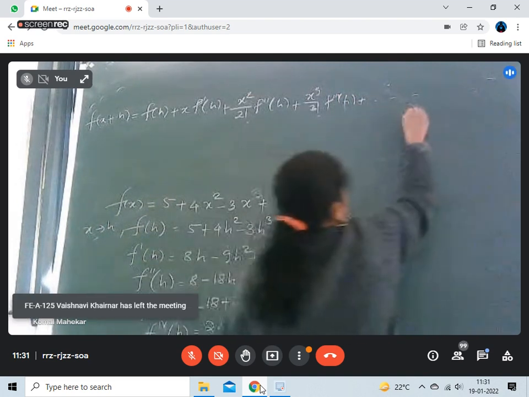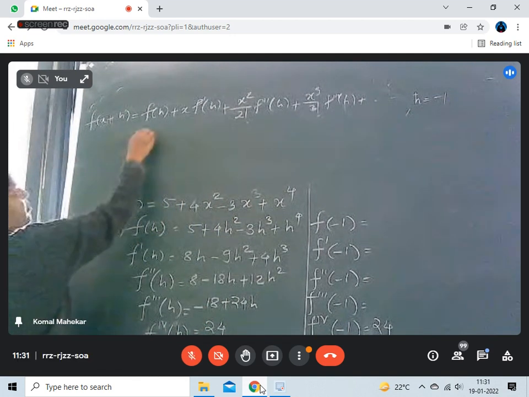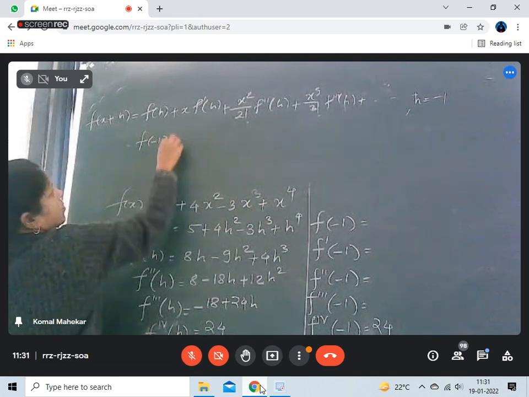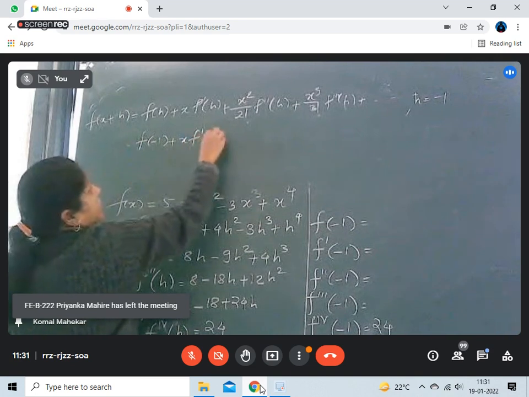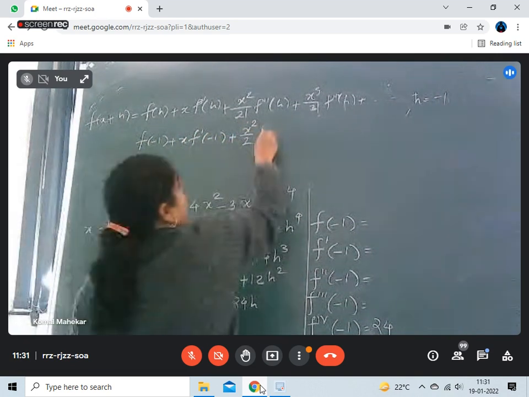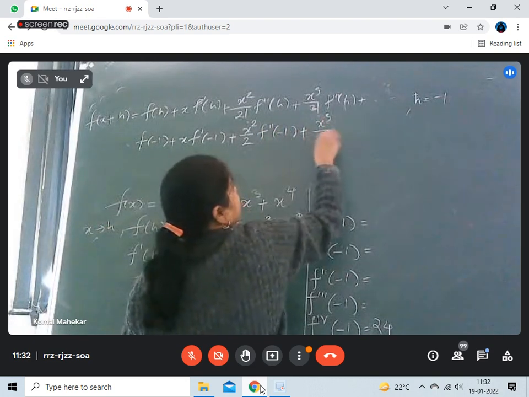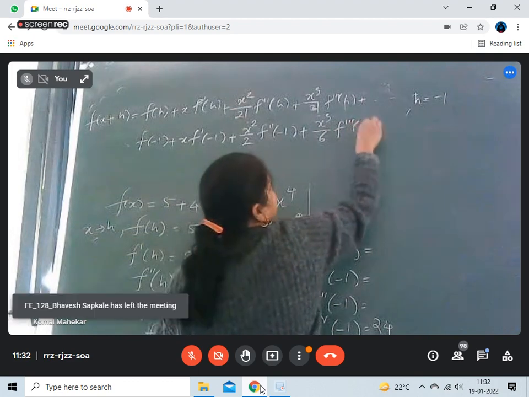Now put h as minus 1 here. Putting h as minus 1, this becomes f of minus 1 plus x into f dash of minus 1 plus x square by 2 factorial, which is 2, f double dash of minus 1 plus x cube by 3 factorial, which is 6, f triple dash of minus 1.